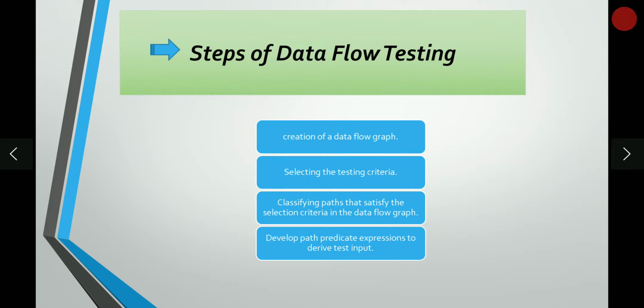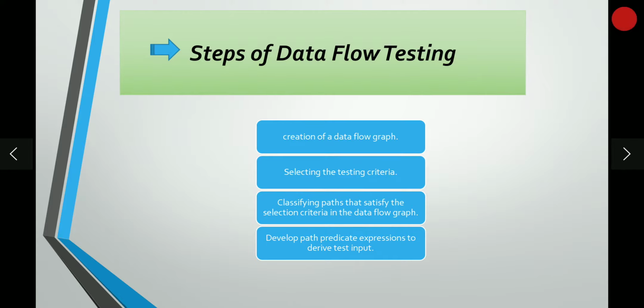Then classify the paths that satisfy the selection criteria in the data flow graph. It means that we have various conditions for classifying the data.